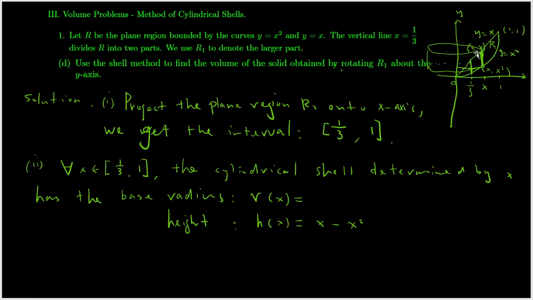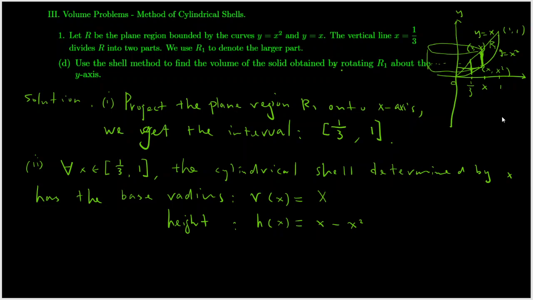Now look at this point. This point has x coordinate of x. Base radius is just x, because the line of rotation, you rotate around the y-axis. Does it make sense? The base radius is x. I think many of you know that. I just need more people to answer my questions.